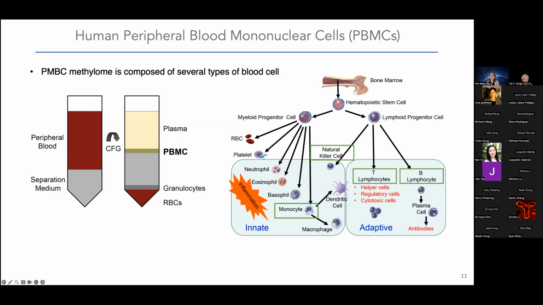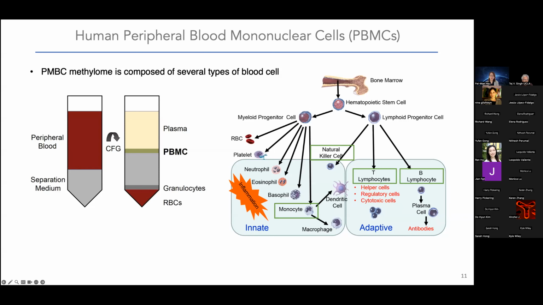So T lymphocytes and B lymphocytes are the two main contributors to the final PBMCs. There will be a few natural killer cells and a very low percentage of monocytes included as well. Other granulocytes should be depleted or in very, very low concentrations inside these PBMC samples.